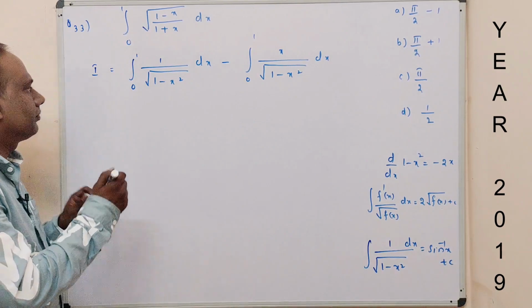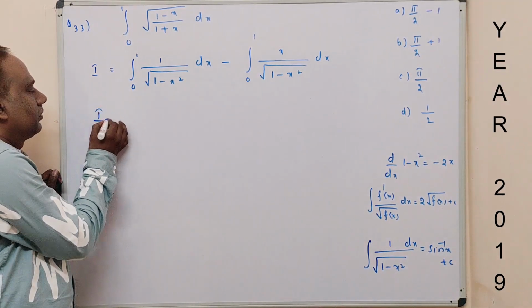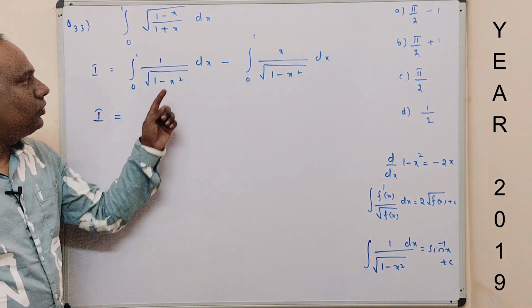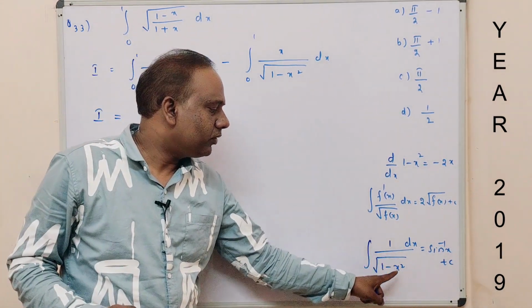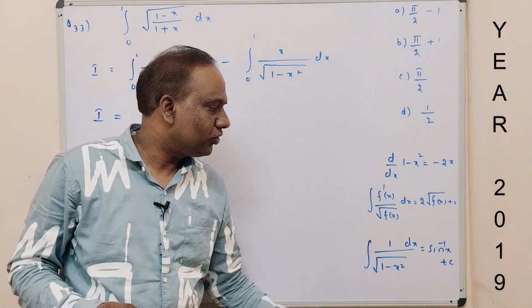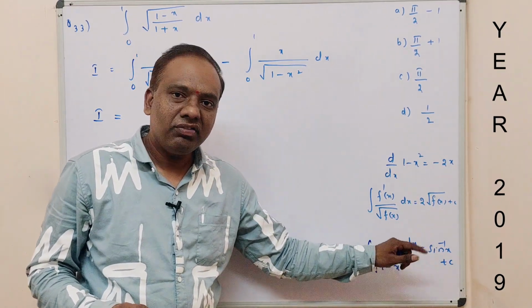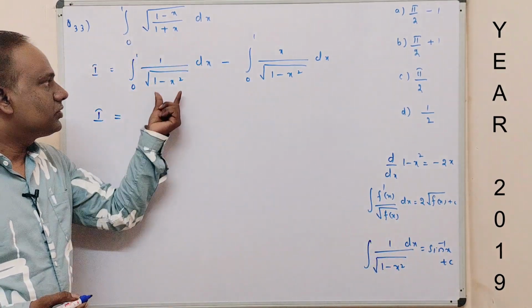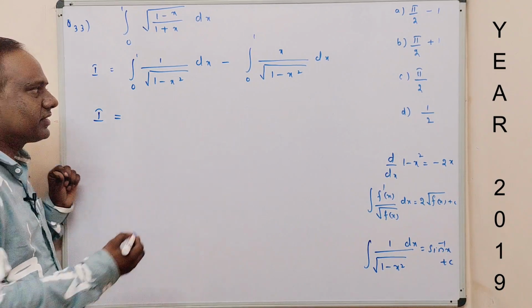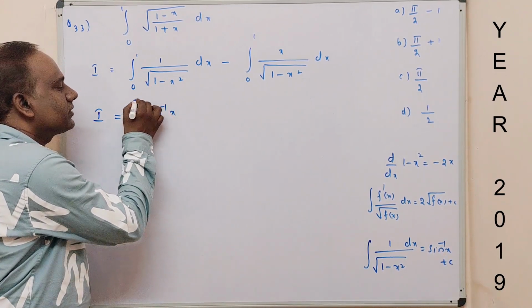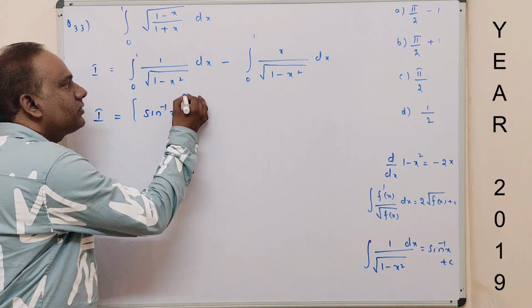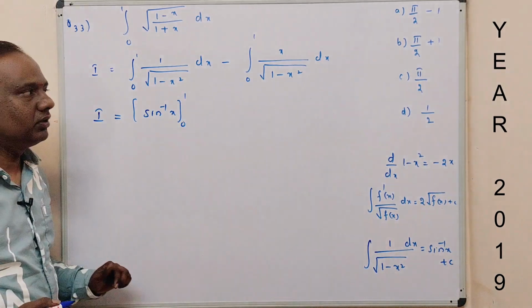After splitting, I is equal to the integration from 0 to 1 of 1 by root of 1 minus x square into dx, minus the integration from 0 to 1 of x by root of 1 minus x square into dx. The integration of 1 by root of 1 minus x square into dx is equal to sine inverse x plus c. So this integration value is sine inverse x, and the limits are 0 to 1.